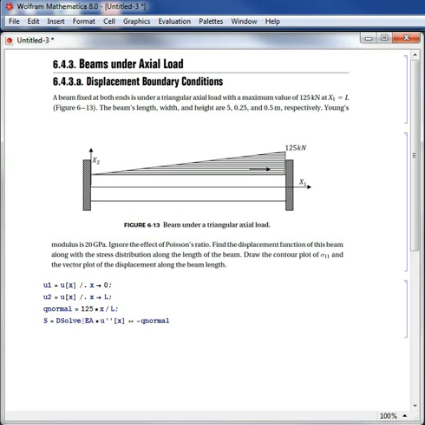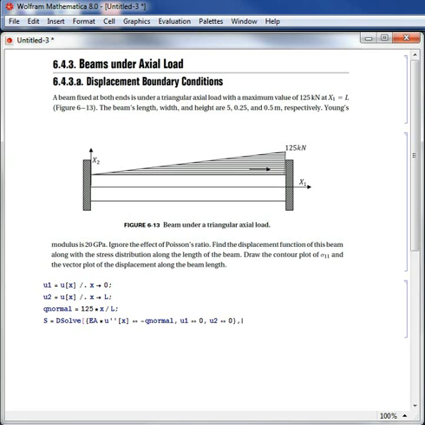And you should revise the tutorial or watch the lecture to see how this differential equation was derived. The boundary conditions are u1 is 0 and u2 is 0.